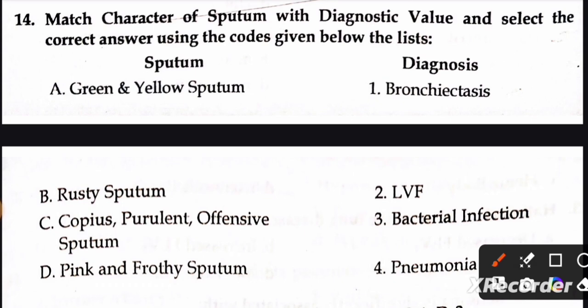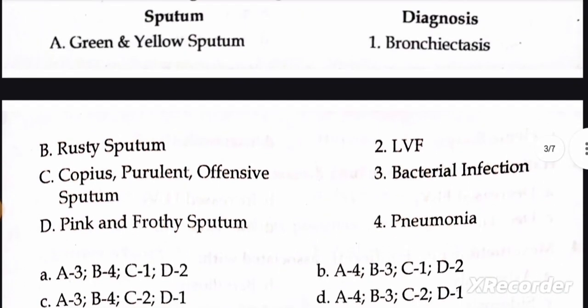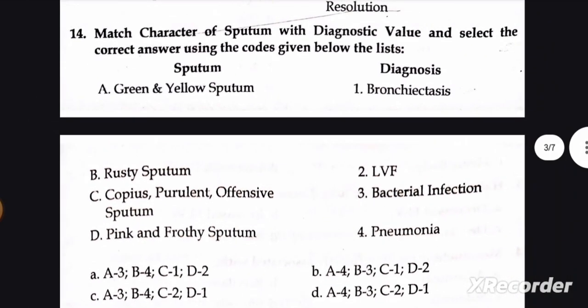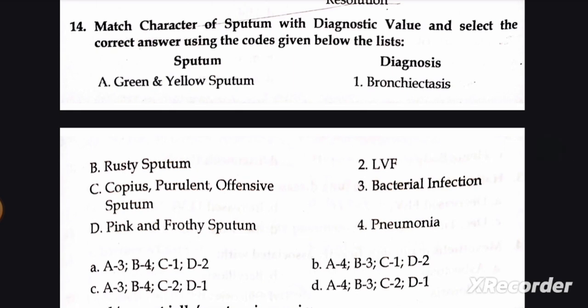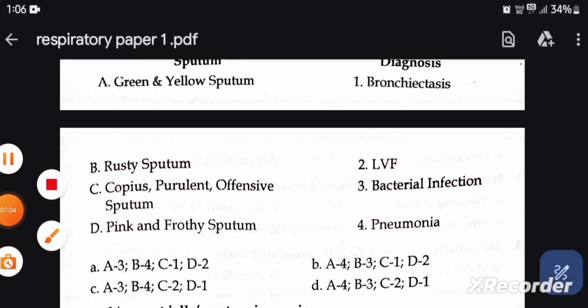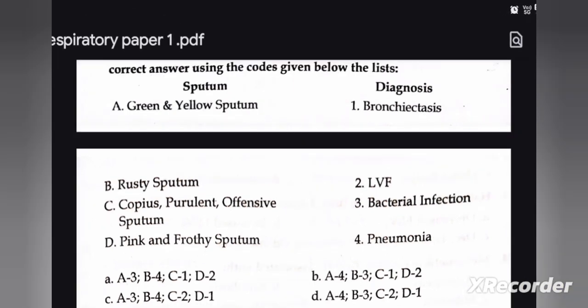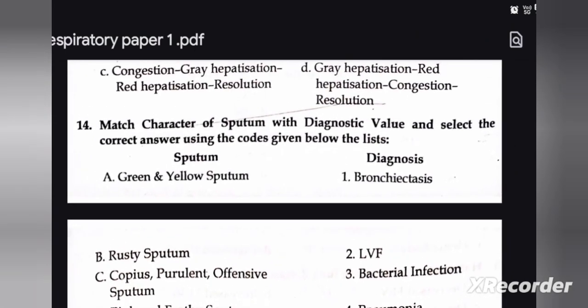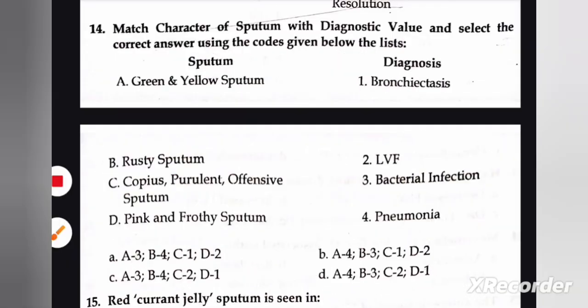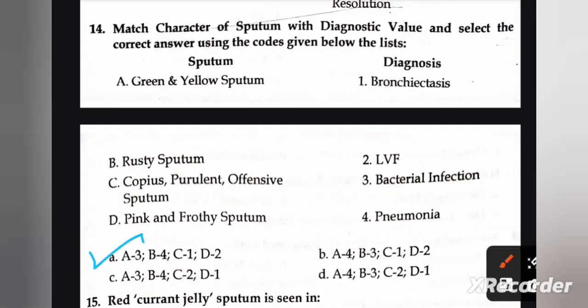Diagnosis: 1 bronchiectasis, 2 LVF, 3 bacterial infection and 4 pneumonia. So the right option is A3, B4, C1 and D2.